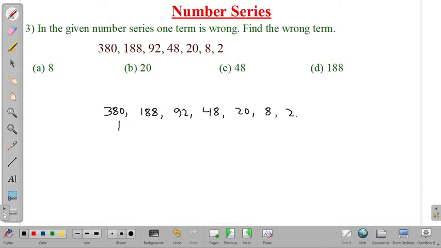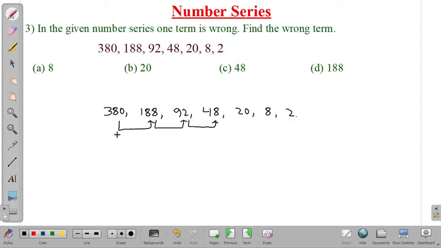If we divide 380 by 2 we are getting 190, so approximately it is getting half. Again 188 divided by 2 is 94, so again it is approximately half. Here also 92 gives approximately 45, 46. So our terms are getting divided by 2.